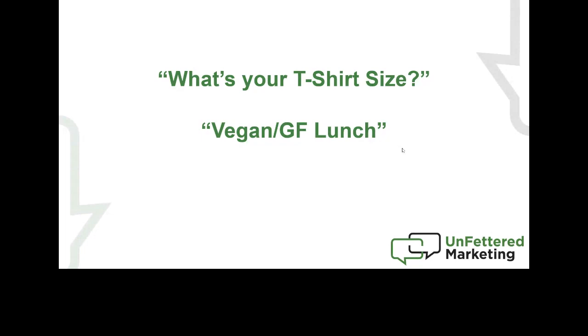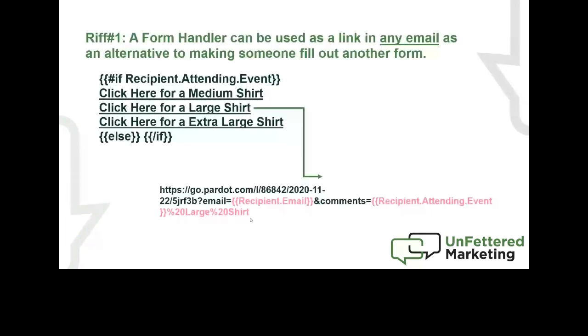Maybe the recipient is attending an event, and that's the name of the event that they're attending. And then we put in, using our URL safe codes, large shirt, and that will pop into the comments field that they're attending this event and they want a large shirt.